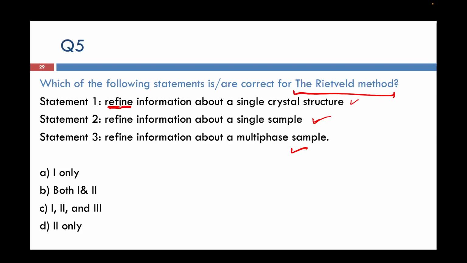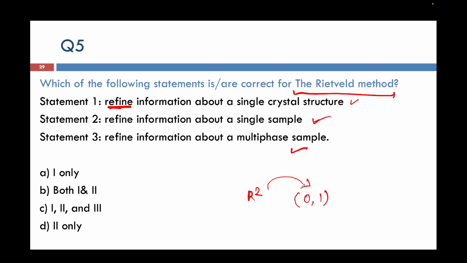But in Rietveld refinement, there is an R square value that should lie between 0 and 1. Until you bring this R square value between 0 and 1, which represents the goodness of the fit, you have to do multiple Rietveld refinements. That is why it refines each and every parameter.